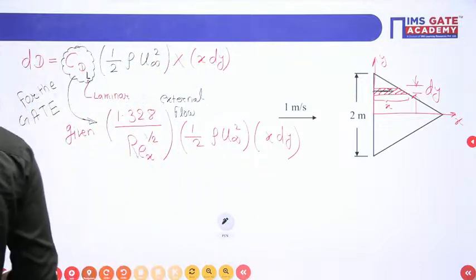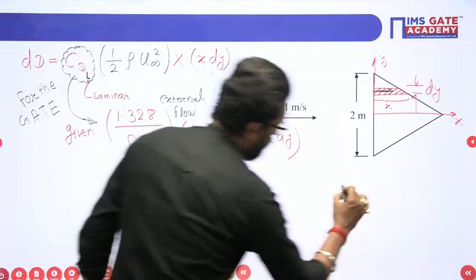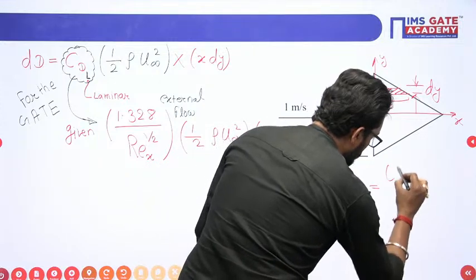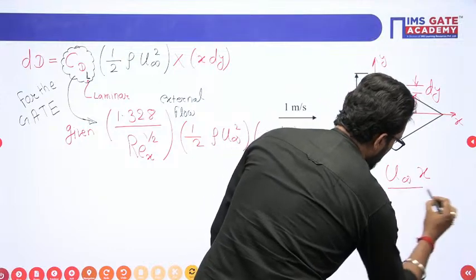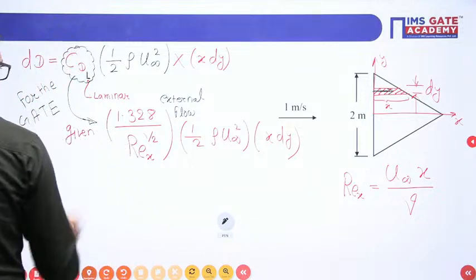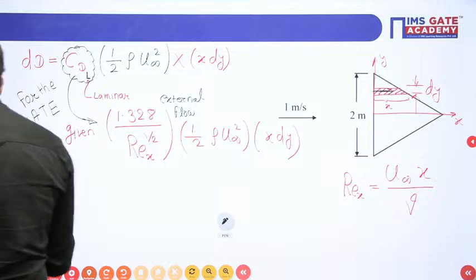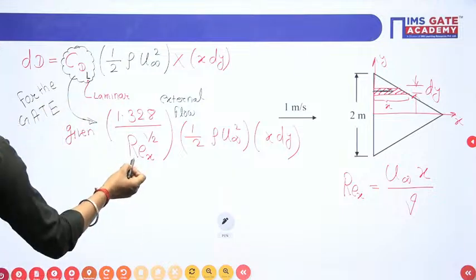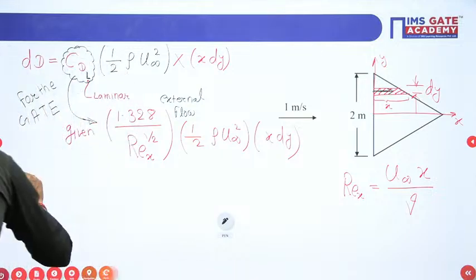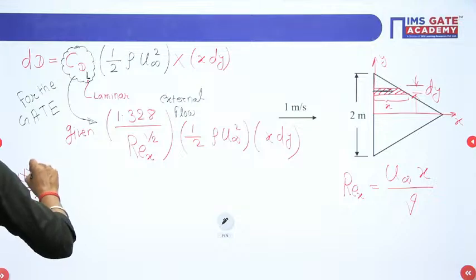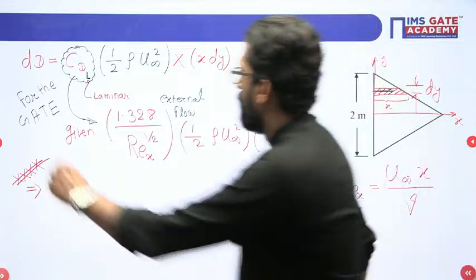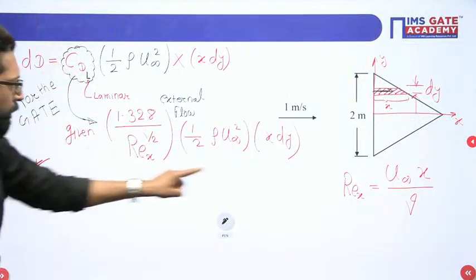Clear? Now, what is Rex? You know that the local Reynolds number Rex is equal to the free stream velocity U into x divided by the kinematic viscosity. Put this value here and rearrange it. Be very conscious at this step, otherwise there is a 90% chance you will make a mistake here.